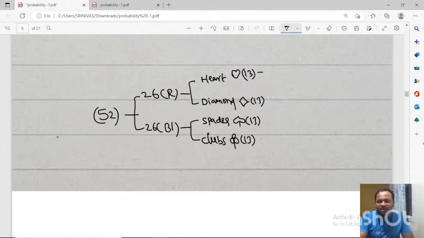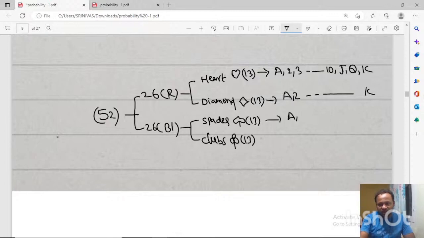How will the cards be? The cards will be ace, 2, 3 and so on up to 10, jack, queen, king. Here also A, 2 up to king. Here also A, 2, 3 up to king.